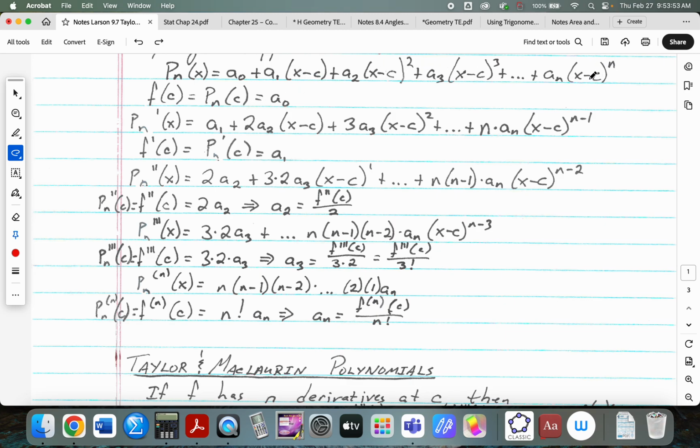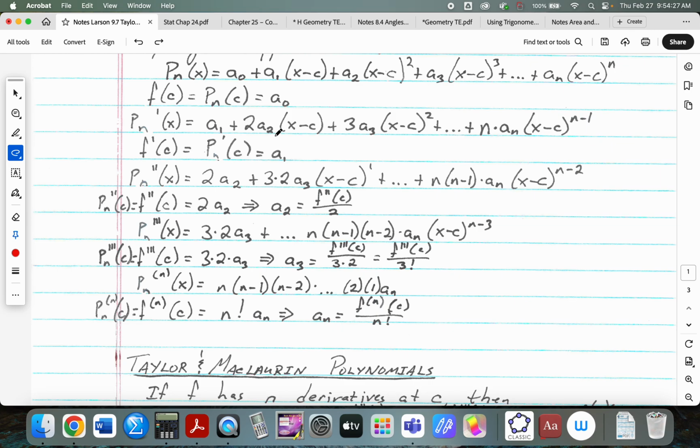Zero. They're all 0. So the only thing you're left with is a sub 0. So we're going to make the value of the function be equal to a sub 0, which is, right, point slope. All right, where did it start? And then we're going to take the derivative of this enormous polynomial, and notice the first term drops off, and then the derivative of the second term, since that's linear, is just going to be a sub 1.